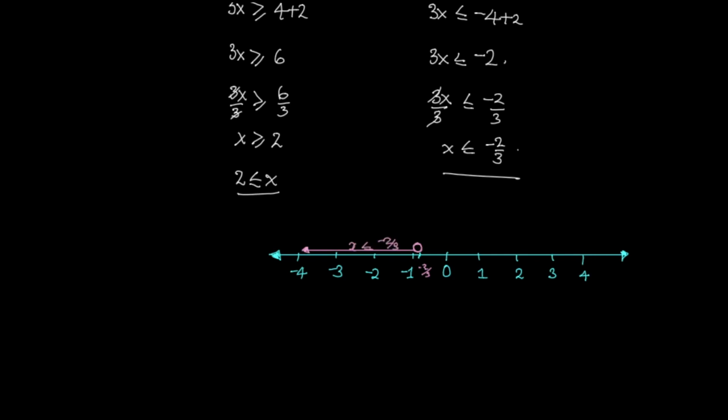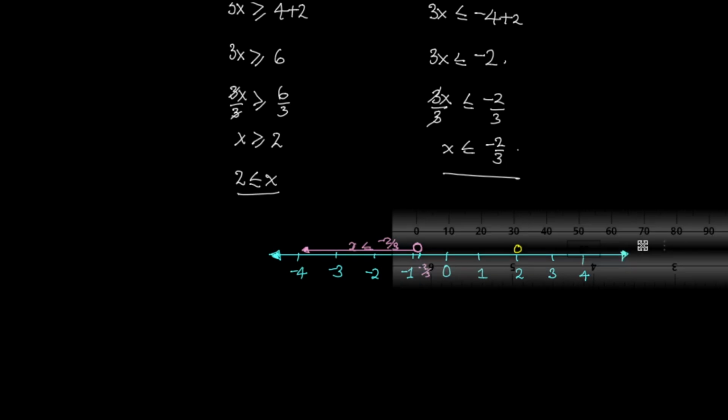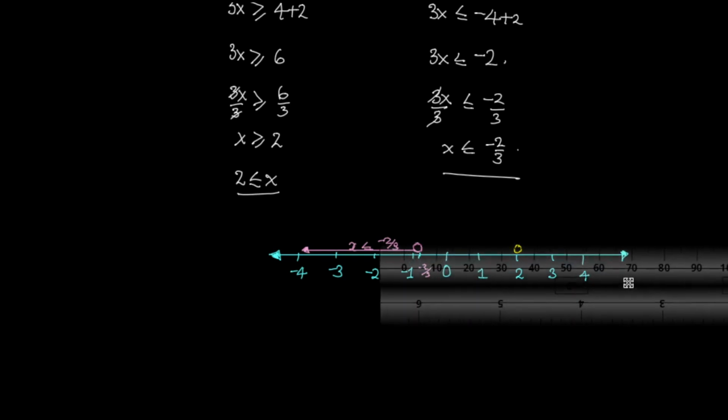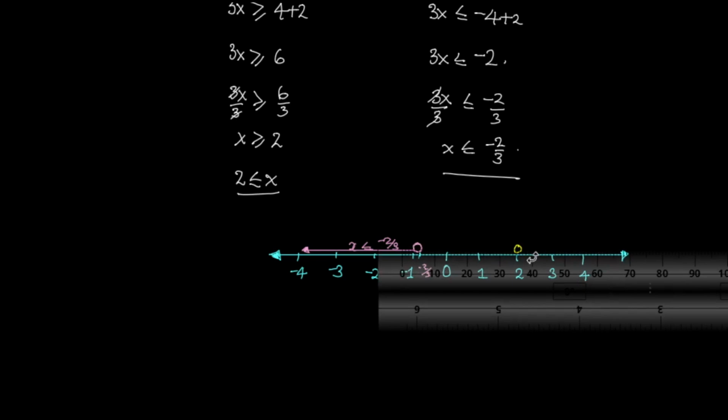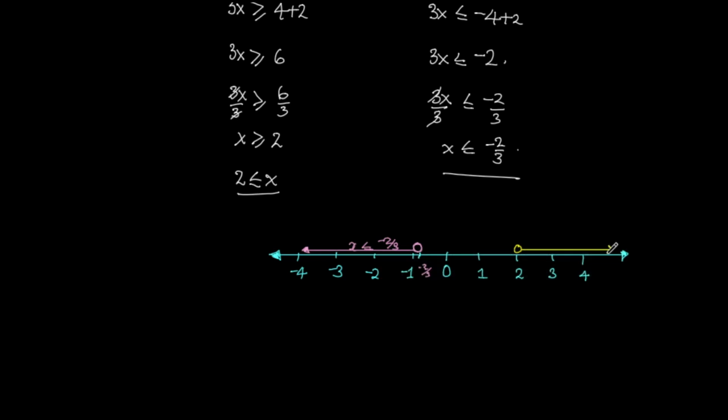Now let's do the same to the next number here, that is 2, and 2 is somewhere here. And from here we see that x are the numbers that are bigger than 2, to the right. So all numbers to the right of these inequalities are the solutions for the second part.